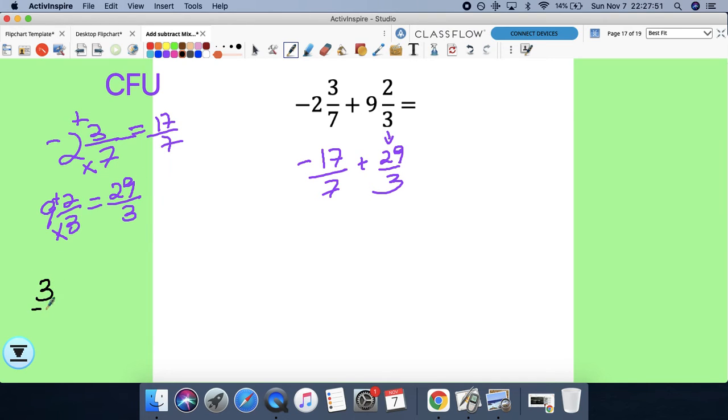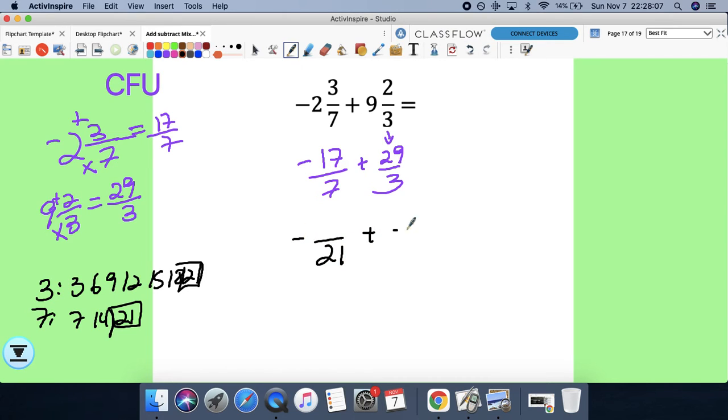So let's do the multiples of 3 and 7. 3, 6, 9, 12, 15, 18, 21. 7, 14, 21. Here is your common multiple that you're going to use. So 7 times 1, 2, 3 is 21.